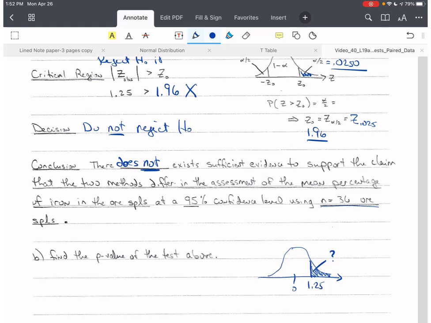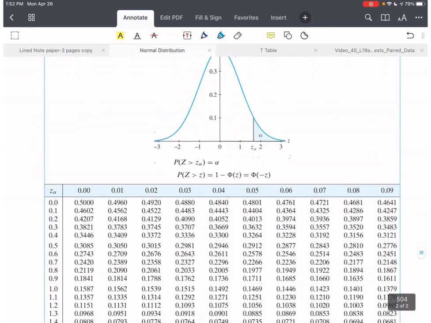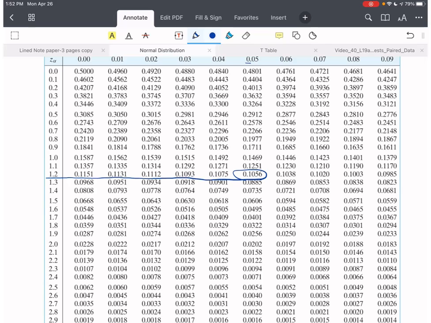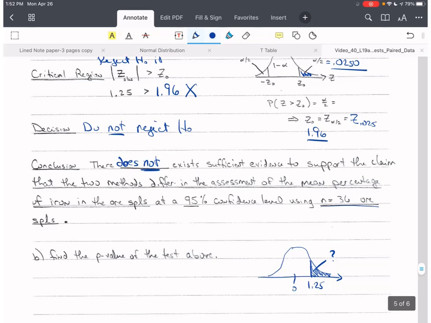So for 1.25, we want greater than, so we'll go to the second table, and 1.2, we start with 0, 1, 2, 3, 4, 5. It's going to be 0.1056. But this is a two-sided test, so we don't care that it's positive. We just want the probability that it's that far away from the mean.